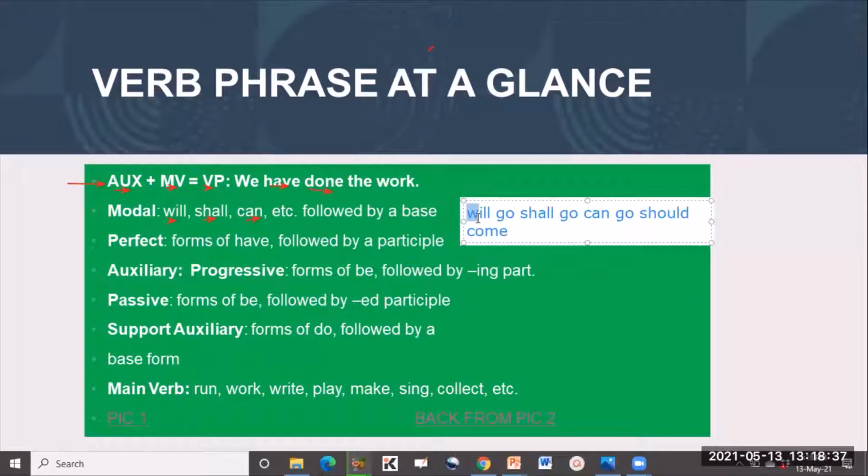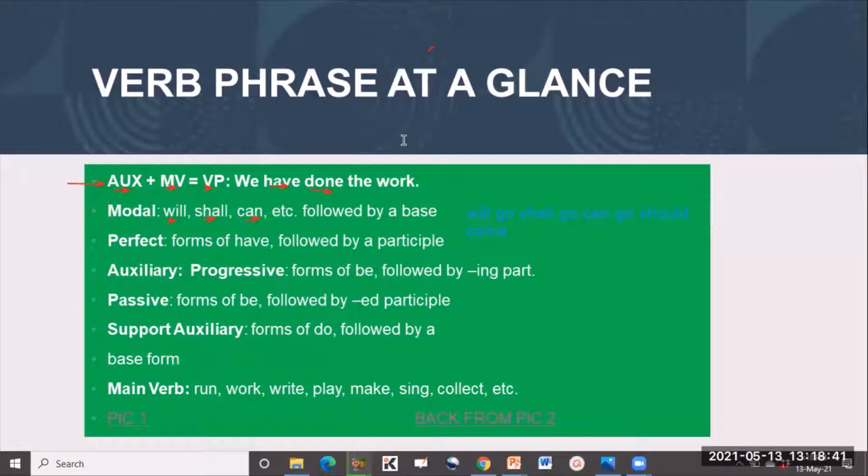When you have a modal verb, then of course you have a main verb, and the combination will give you a verb phrase. Will go, shall go, can go, then should come. These are all verb phrases, and it's a combination of a modal verb and a main verb. All right.